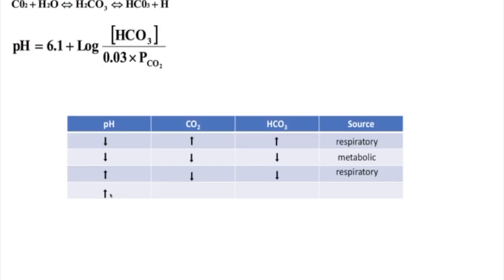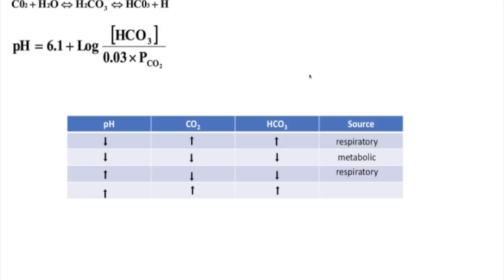If we look at our pH, again, our pH is up, and now both of our parameters are up. We know now that it's the rise in bicarb that's going to drive this equation to the left. It's going to eat up protons. It's going to cause our pH to go up. And again, if we look at our Henderson-Hasselbalch, a rise in this bicarb parameter is going to cause a rise in our pH.